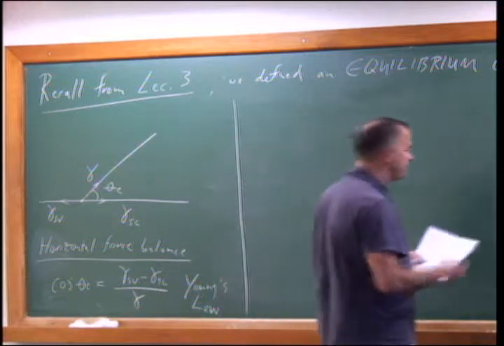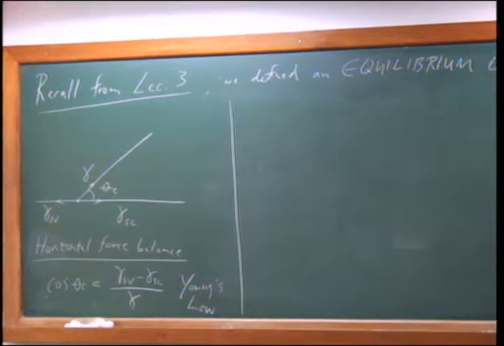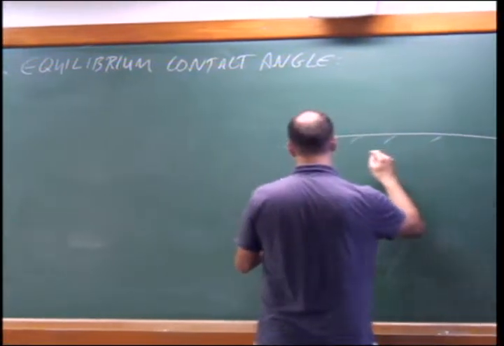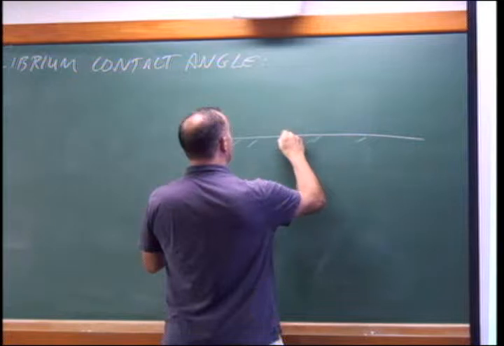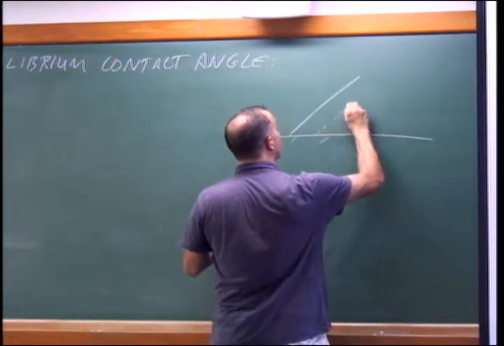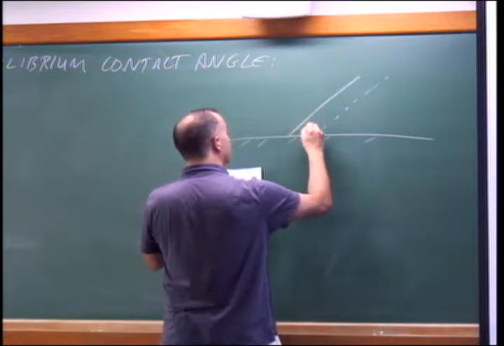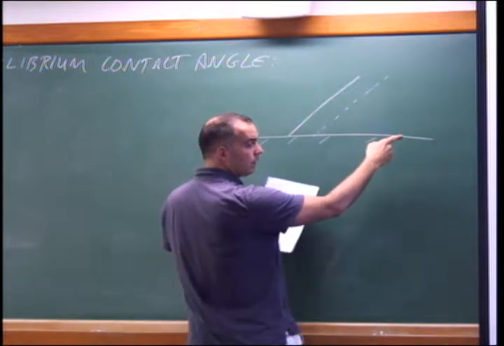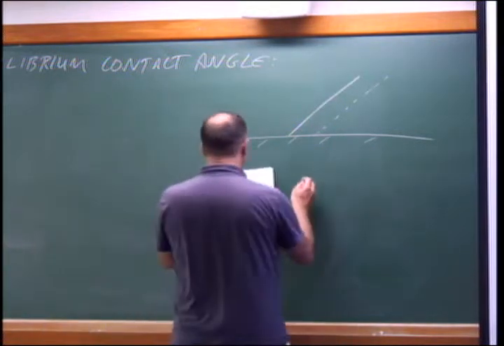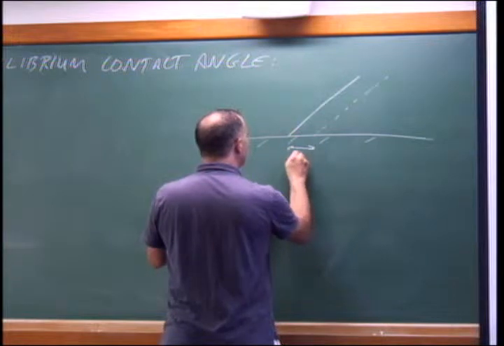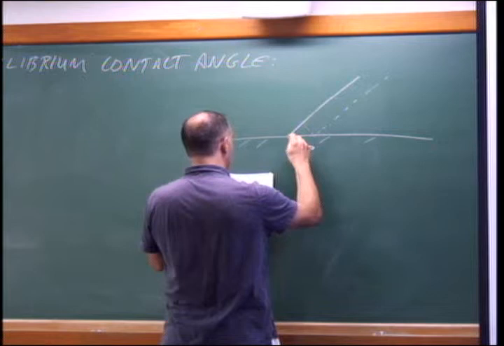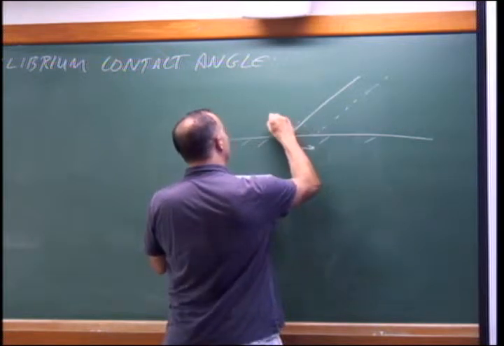Okay, so we can also think of this in terms of energetics, and this will be useful when we start looking at rough solids. So we imagine this interface moving. Doing so changes the surface energy of the lower substrate by an amount proportional to the distance that it's moved, and there's also an associated creation of surface.